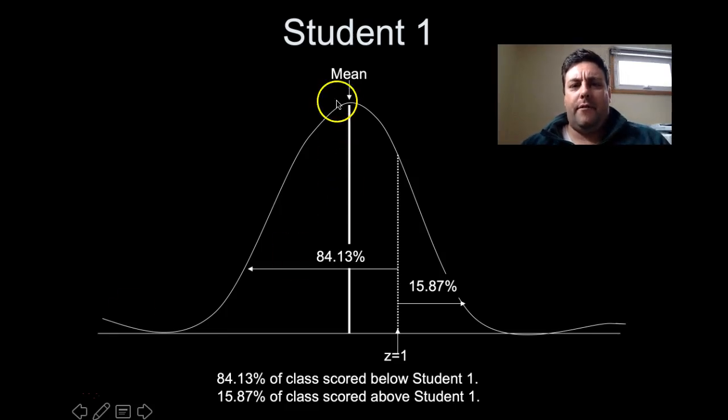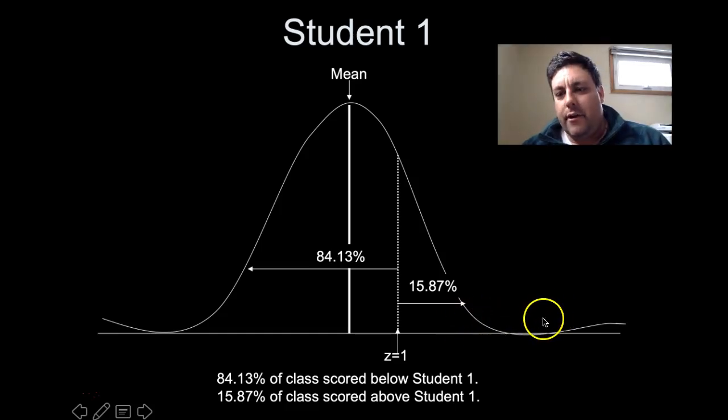So the higher a percentile ranking means the further away from the mean a person is, the larger their z-score is, and the fewer students that have scored above them.